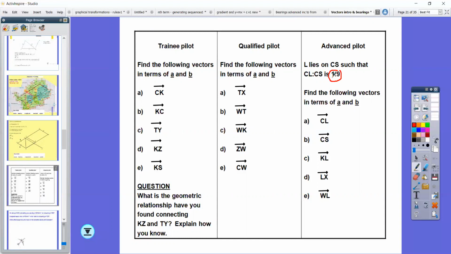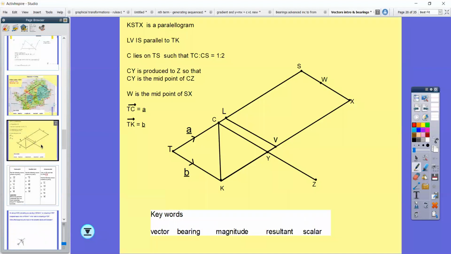And when I'm teaching that, if CL to CS, for example, is 1 to 9, I say, well, put numbers on your line, 1 to 9. So how many parts is that altogether? Well, that'd be 10 parts altogether, which means CL is 1/10 of CS, and LS is 9/10 of CS, or any other sort of fraction.